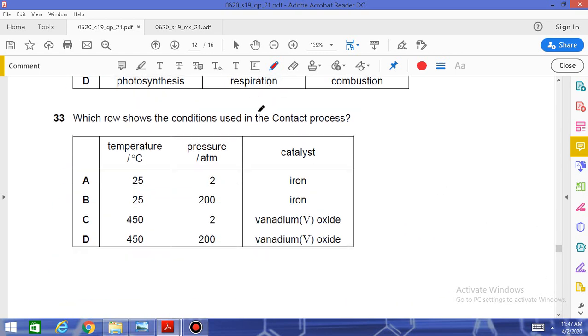Next, 33. So it's about the contact process. The optimum temperature must be about 450 degrees Celsius. Before we continue, what is the contact process? The production of sulfuric acid.